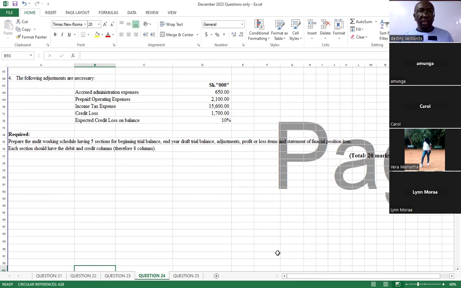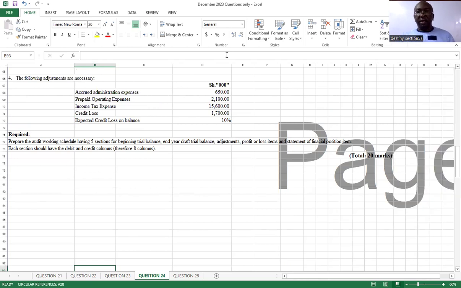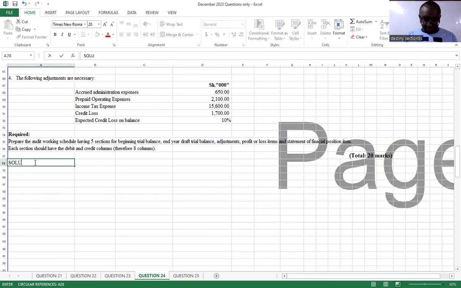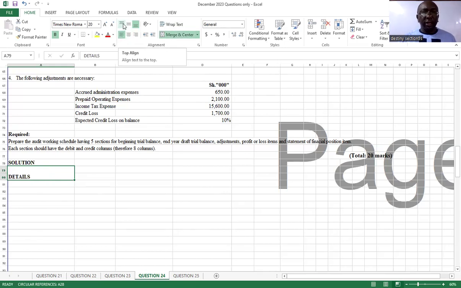Because I'm not very sure whether these are visible, let me just retain mine. So come here and type solution. We can bold this. Then we have a column that I want us to call details. And for this column, I want us to merge these two. Then we take to the right and upper.